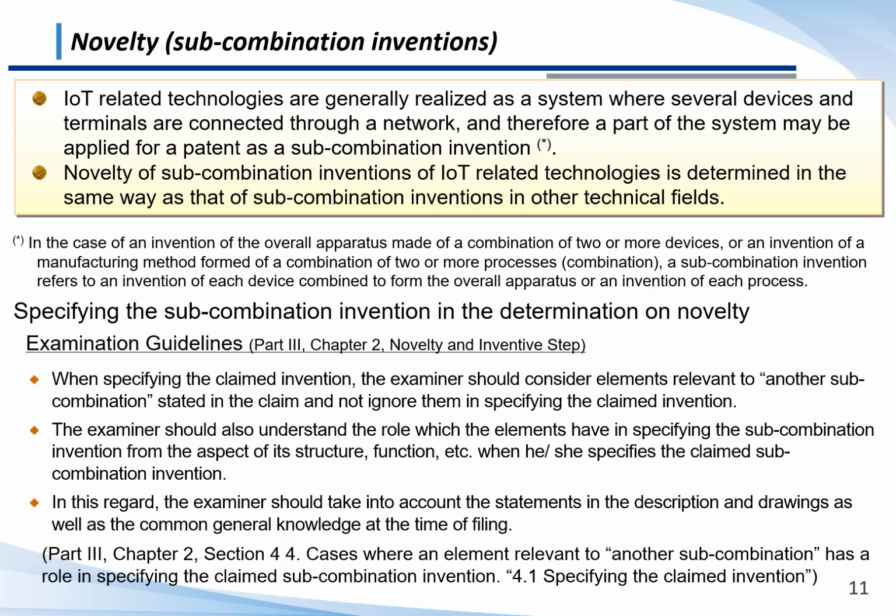The examiner should also understand the role which the elements have in specifying the subcombination invention from the aspect of its structure, function, etc., when he or she specifies the claimed subcombination invention. In this regard, the examiner should take into account the statements in the description and drawings as well as the common general knowledge at the time of filing.